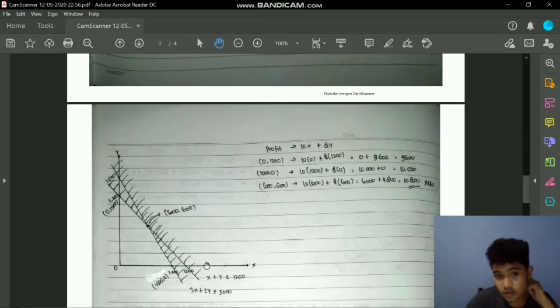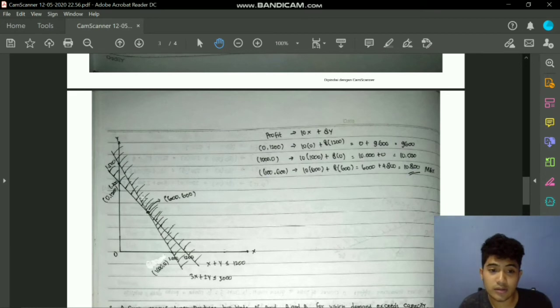So we make the graph: 1500 is 3x plus 2y less than or equal to 3000, and 1200 is x plus y less than or equal to 1200.